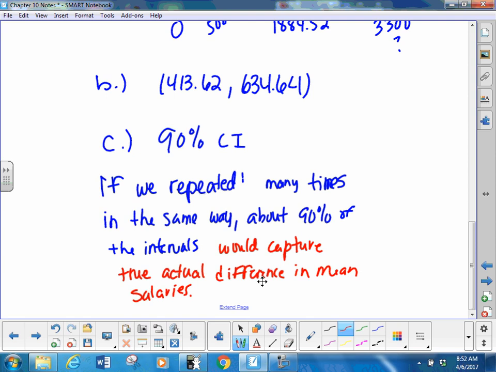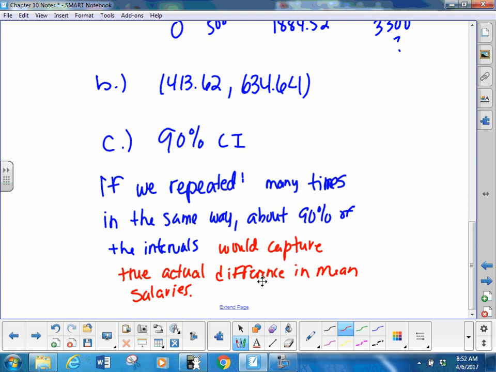But anyhow, the whole point of a confidence interval: we're 90% sure that if we did this many, many times, about 90% of the time we'd capture the truth. So you've got to get that in there some way. We would capture the true actual difference in mean salaries. So we're 90% confident.